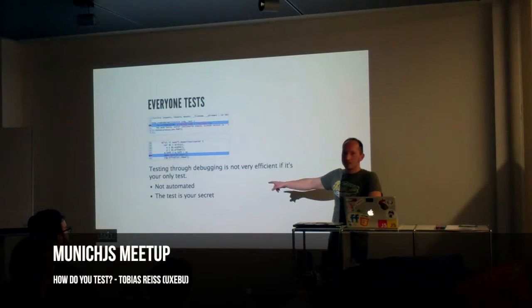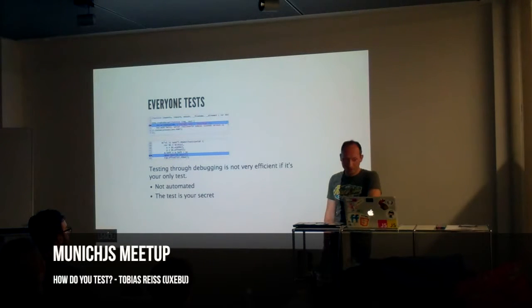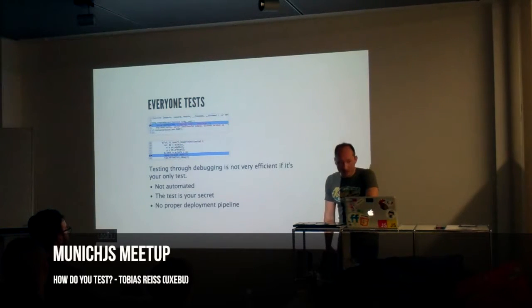So everyone else in your team is forced to call you somehow if you are on holidays. And that's a big issue, I guess, for every one of us. And it doesn't fit properly in any deployment pipeline. No one ever would open a console shortly before he wants to deploy something just to test everything.